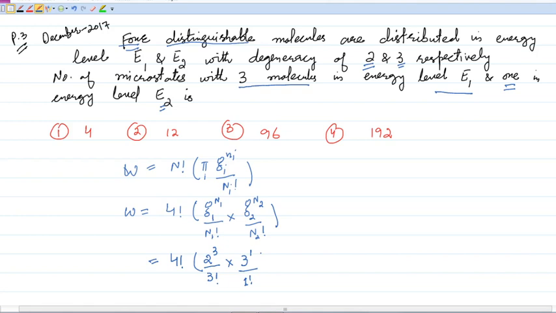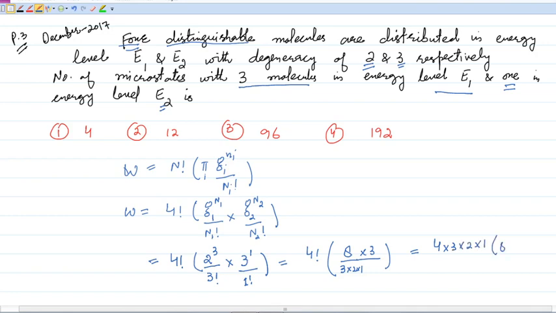So this comes out to be 4 factorial. It will be 8, and it will be 3 into 2 into 1, multiplied by 1 factorial, that is 1. So you can simply multiply the terms here. Now we will open this 4 factorial into 4 into 3 into 2 into 1.